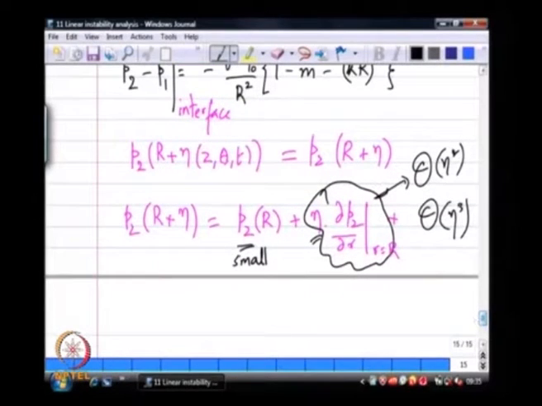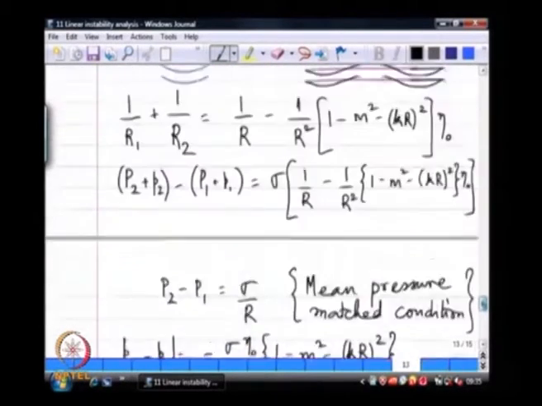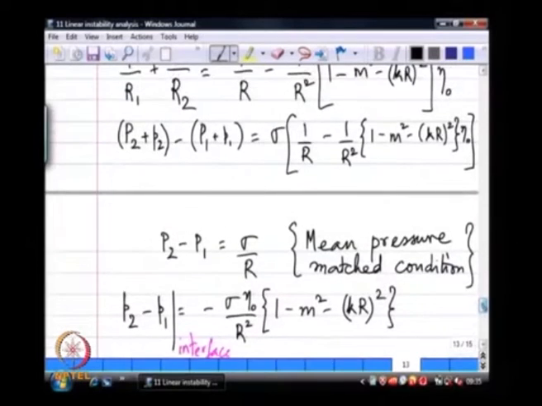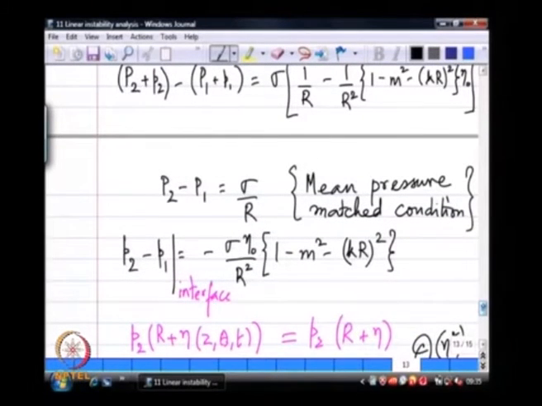Even though rigorously, if I have to do this to higher orders, I do need to retain these terms up to a higher order, to the order into which we are writing these equations, we can evaluate these perturbation pressures at the unperturbed interface and still get away with it.